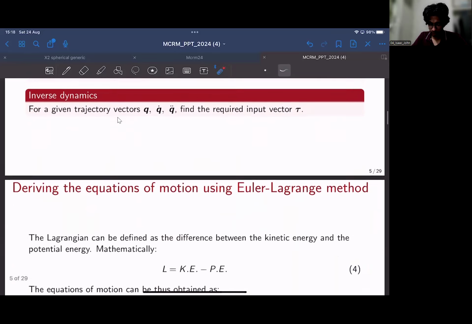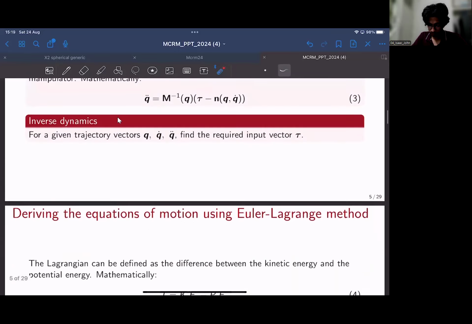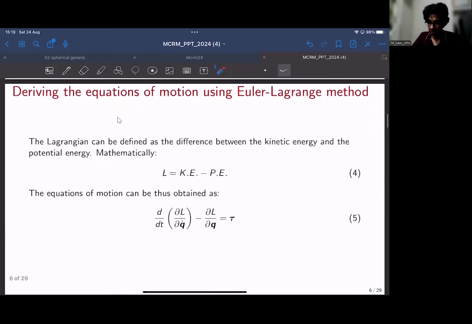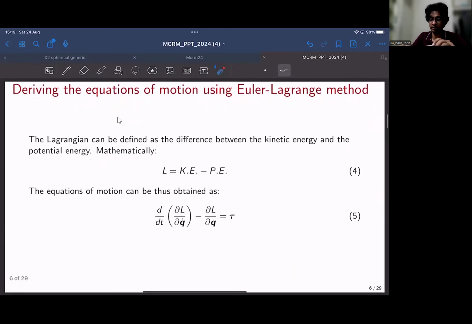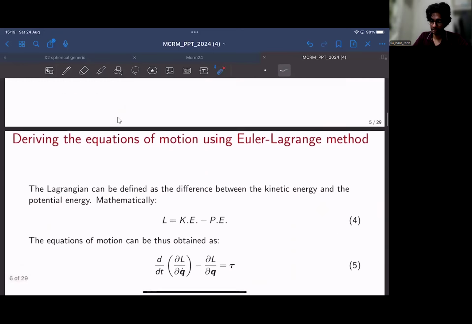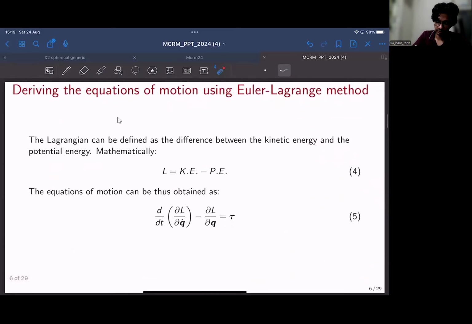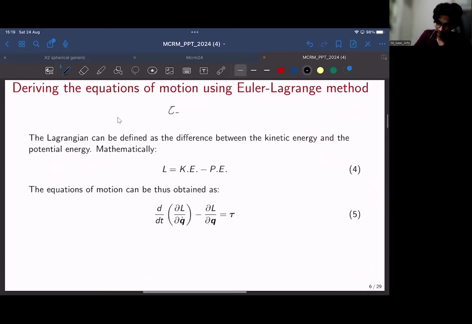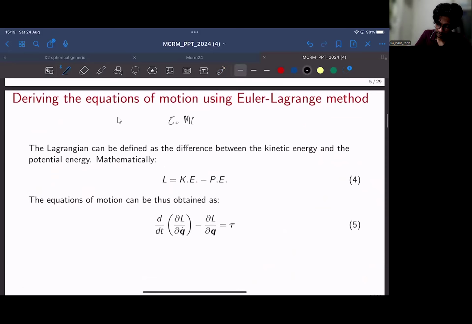Now, moving on to the derivation of equations of motion of robotic manipulators. Until now, we know the basic structure of equations of motion. It's nothing but the torque vector equals the mass matrix multiplied by the acceleration plus a vector of centrifugal and Coriolis effects.